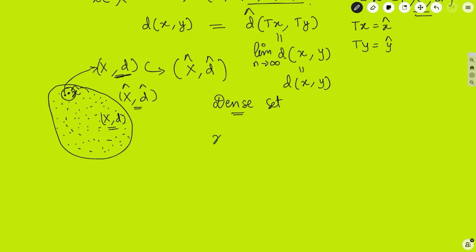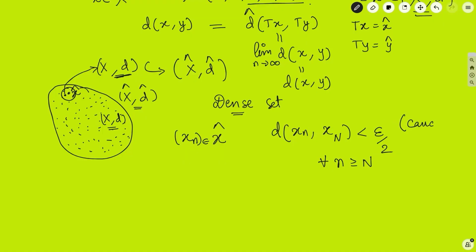How you do it is by the property of x hat, because x hat is a class of Cauchy sequences. So let's pick one sequence from that equivalence class that's Cauchy. We know that the distance between x_n and x_N, let me pick a capital N, can be made less than epsilon by 2, for all n bigger than or equal to N. This is by the property of a Cauchy sequence.